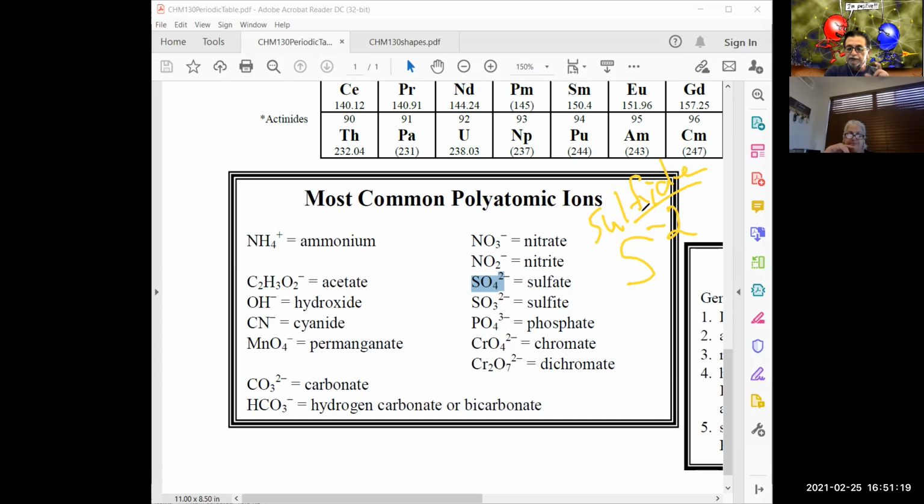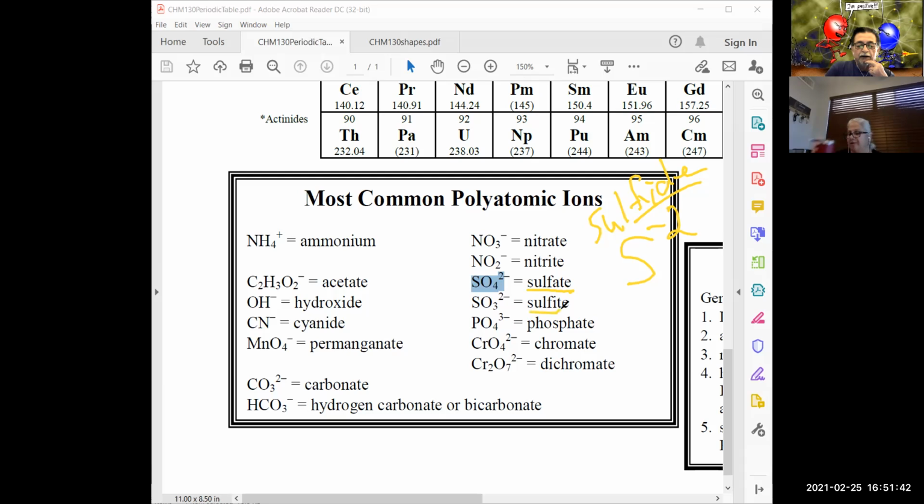But when sulfur gets combined with 4 oxygens and has a -2 charge over the whole unit to make a polyatomic unit, it becomes sulfate. Okay, right here, sulfate. And next time you read a label, you'll be surprised how much sulfate you eat and all the additives and so forth that go in.